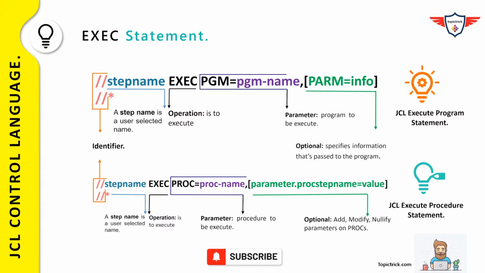In case you want to override the value of any parameter which is defined in your proc, then you can use the parameter dot the proc step name followed by a value. In this way you can add, modify or nullify the parameters which are defined in your procedures or proc. And remember, PROC equals proc name is a positional parameter. It's not a keyword parameter, right?